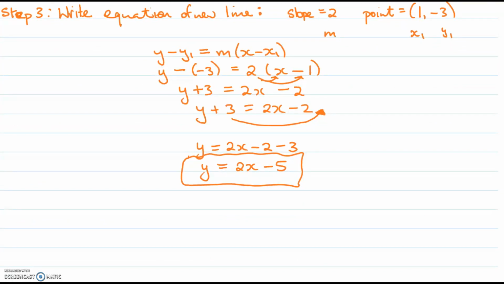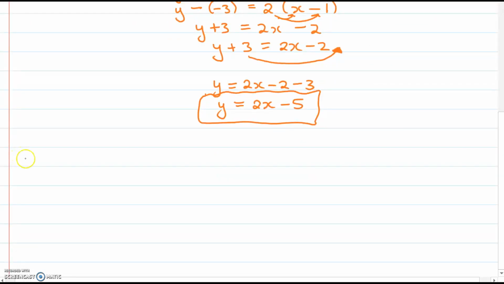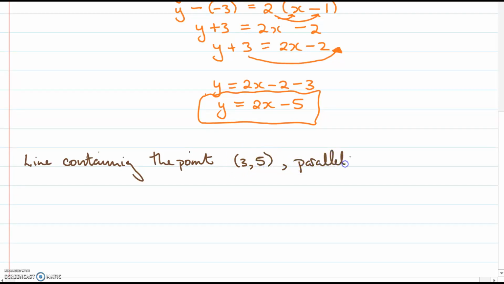Now, one for you to try yourself. Try finding the equation of a line containing the point (3, 5), and which is parallel to the line 3x + y = 1.